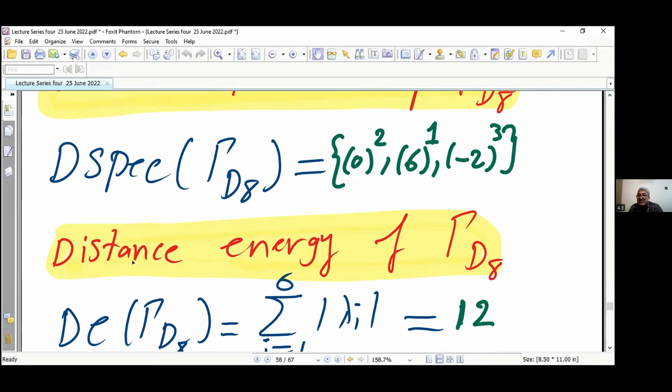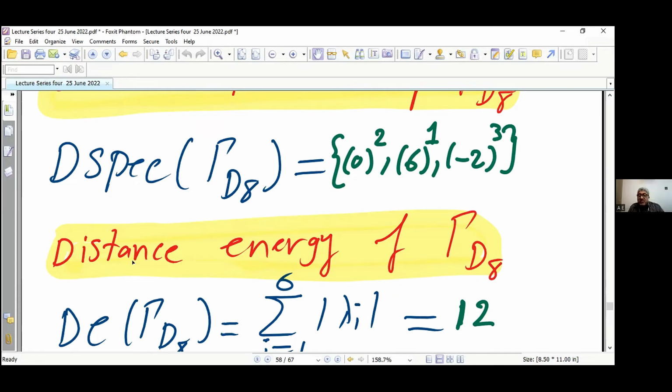Now, one of the important properties of the distance matrix for a tree is that if you compute the determinant of the distance matrix for a tree of n vertices, the values of the determinant for the distance matrix of any arbitrary tree with n vertices are the same.